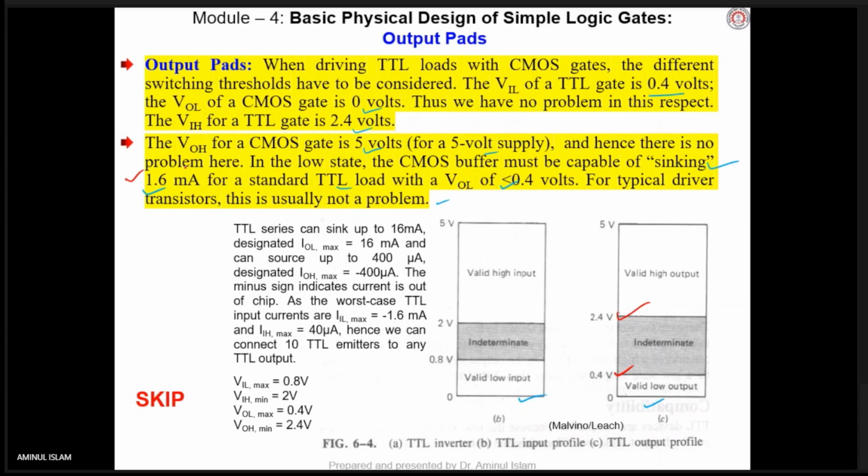Okay, you know these figures, you are aware of them. TTL circuits we have gone through in the third semester, and we have discussed what is IIH max or what is IOL max, 16 milliampere, and can source up to 400 microampere. See, all these figures are discussed. I think this was the diagram I discussed during that third semester. So if you are forgetting, refer to those lectures once again.